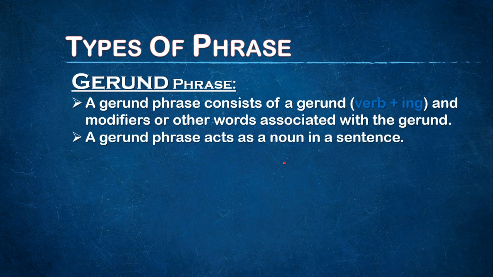And similarly, gerund phrase. A gerund phrase consists of a gerund, that is verb plus ing, and modifiers or other words associated with the gerund. A gerund phrase acts as a noun in a sentence.